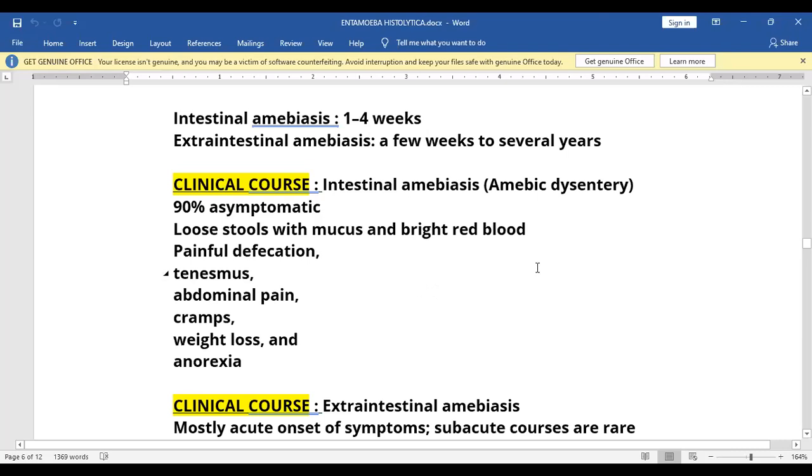So if you are not going to identify Entamoeba histolytica, all the questions related to that organism which are going to be a part of that question, you will not get any marks for that. So this clinical course or the clinical symptoms, they tend to give you the clinical picture which is going to point out Entamoeba histolytica.